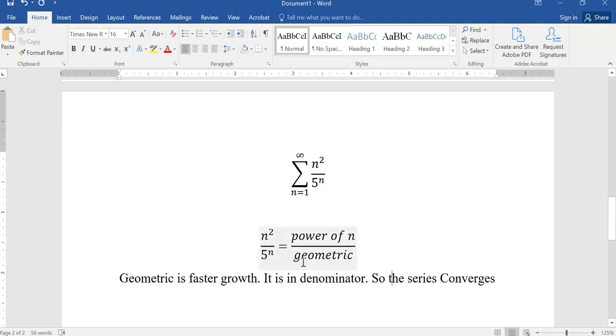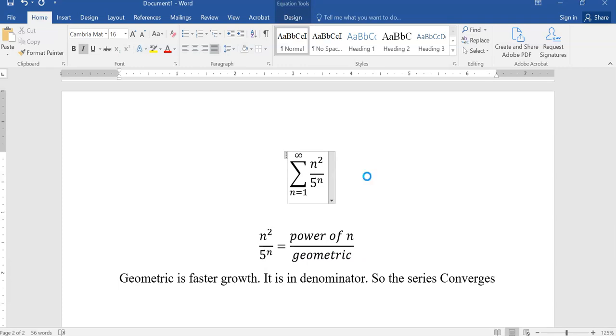But the geometric is going to take over, and that is the faster growth. Since it's in the denominator, the series has to converge. The denominator is going to go really, really big, so the limit of this thing eventually goes to 0.